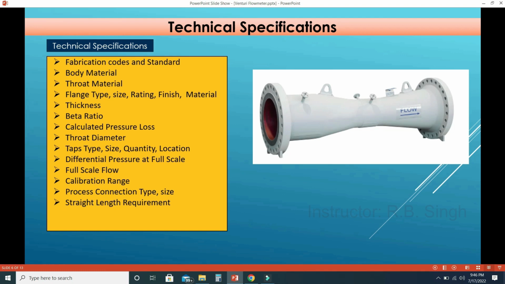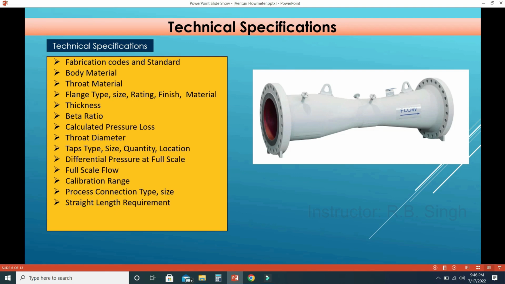Normally for a very high rating, like 900 or 1500, we can consider the RTJ flange. So as per the PMS we can consider the type of flange, and size will be as per the line size. If the line size is 10 inch, then the flange size will also be 10 inch.